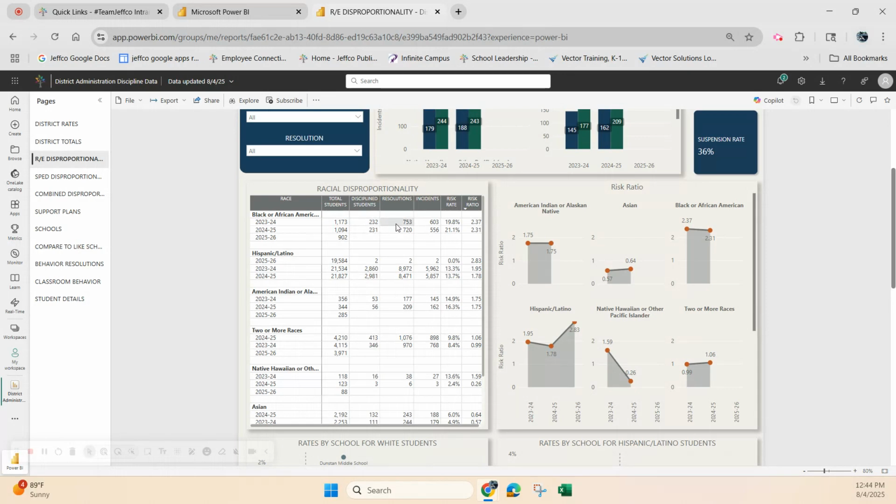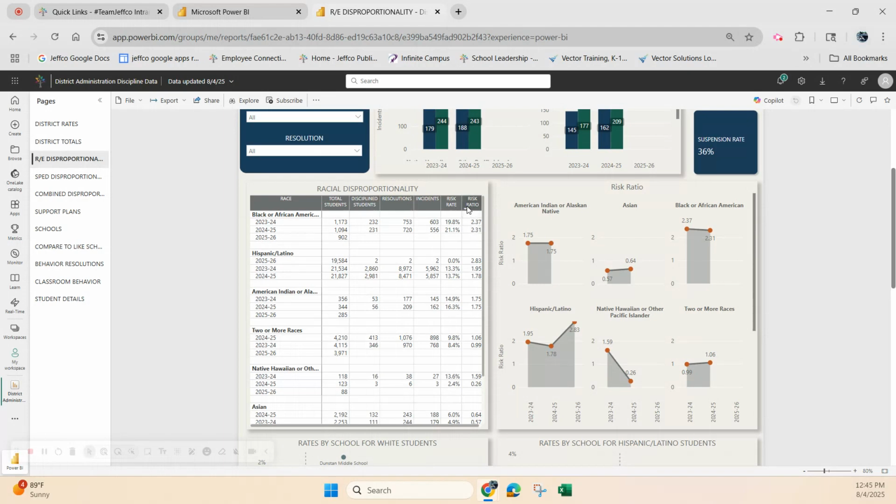There were 753 separate resolutions, so that could have been contact parent, in-school suspension, and a suspension. This was 603 total incidents. So that means that year a Black student within Jeffco had about a 19.8% risk rate of experiencing some type of discipline, which was a little over 2 times that of their non-Black peers.